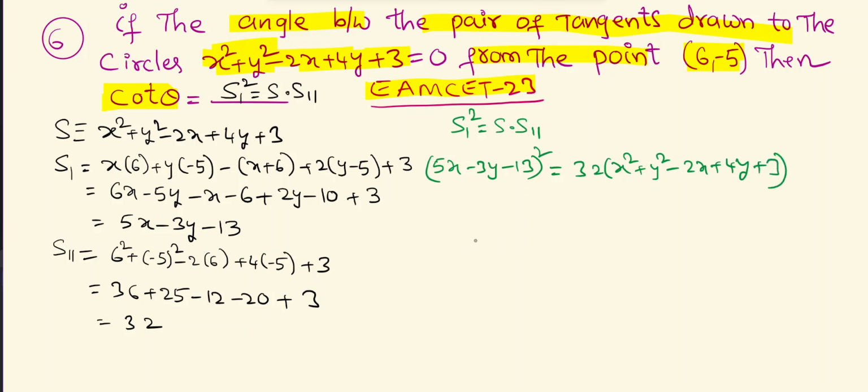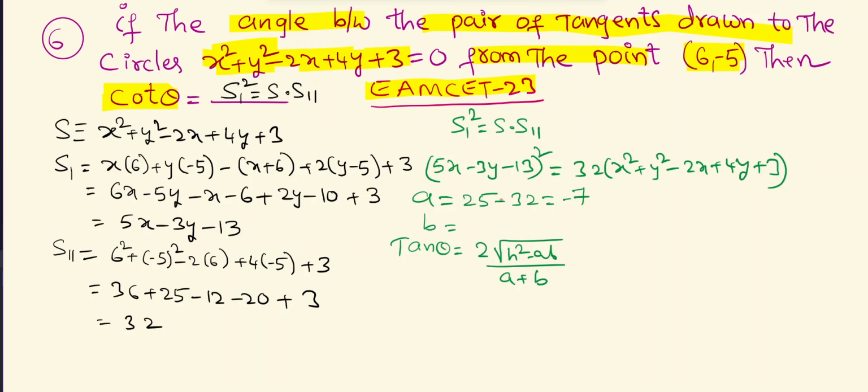The formula for the angle between the pair of tangents: this is the pair of tangents equation, for which tan theta is equal to 2 into root over h square minus ab, by modulus of a plus b. Here a is the coefficient of x square: 5 square is 25, minus 32, which is minus 7.